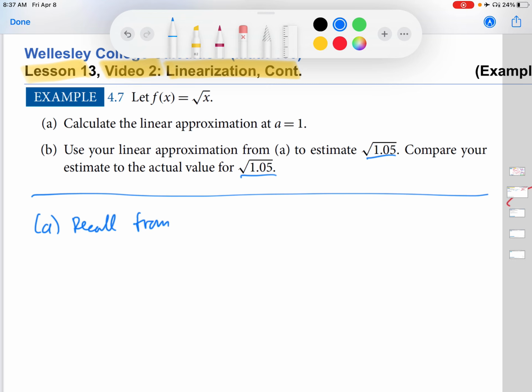Recall from video 13.1 that we had calculated the linearization of square root of x at a equals 1 to be L of x is 1/2 times (x plus 1).